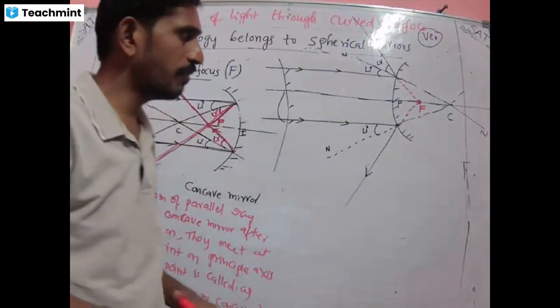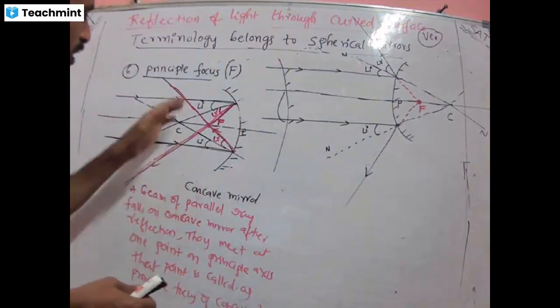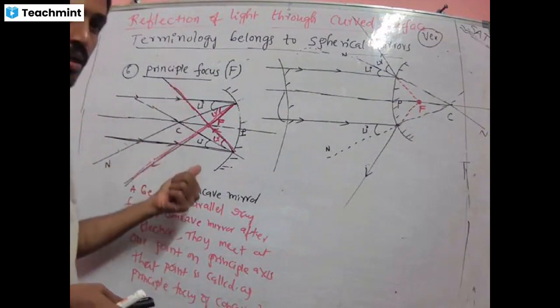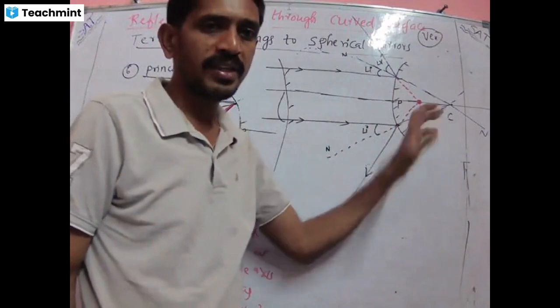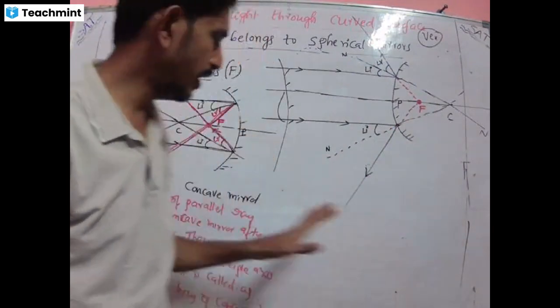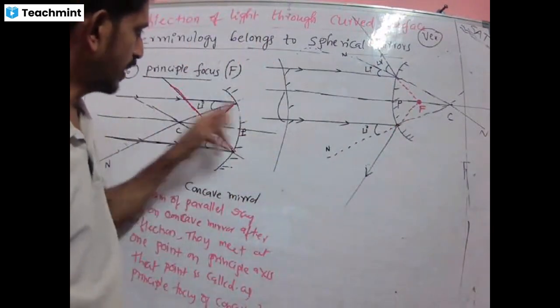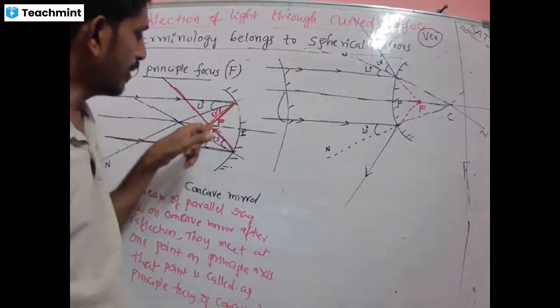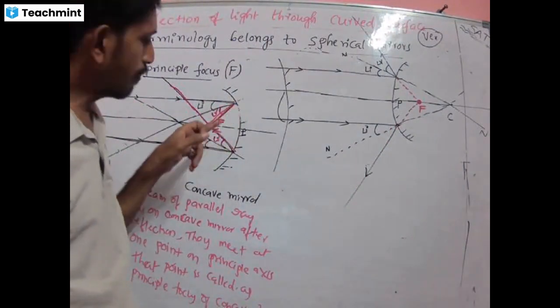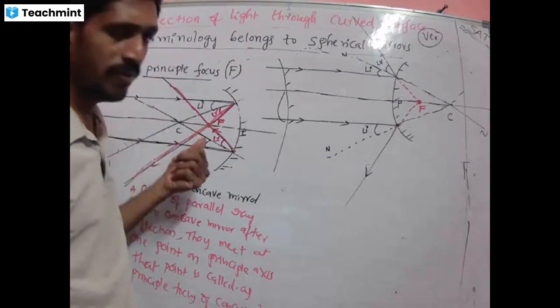If you observe the principal focus of the concave mirror and the focus of the convex mirror, they are different. What is the focus here? In the concave mirror, after reflection, the reflected rays really meet. That point is called the principal focus of the concave mirror.